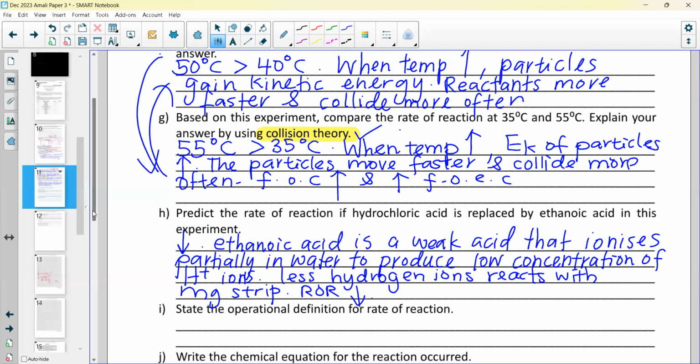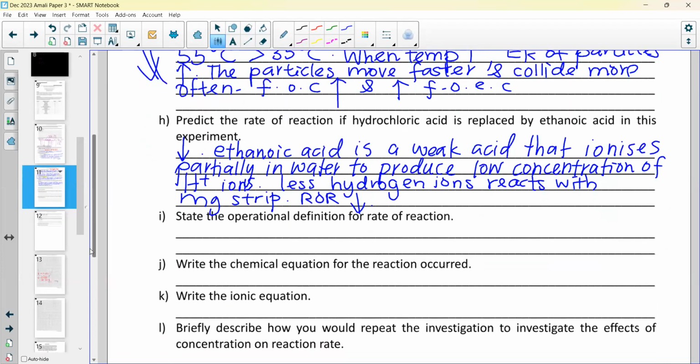Okay, we move on to your I. State the operational definition for rate of reactions. Come on, anyone want to try? Katrina, give me the operational definition.